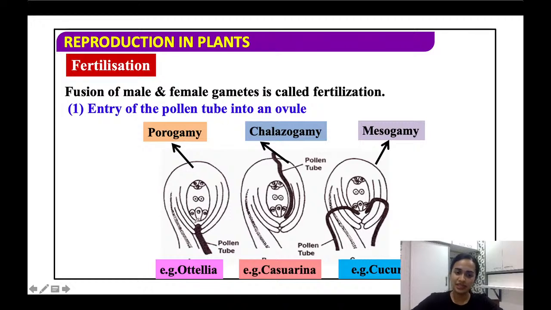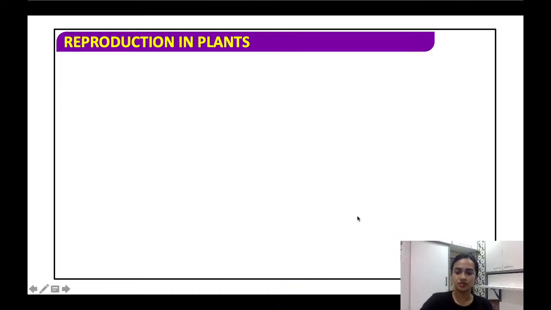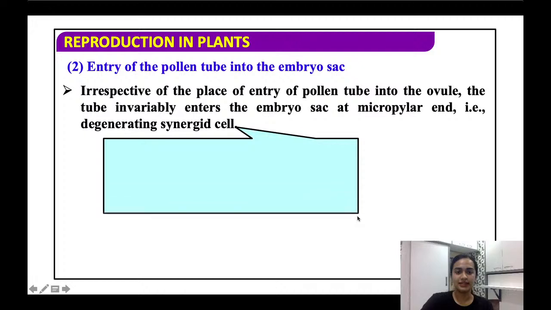In porogamy, it is entering the micropylar end itself from the start. In chalazogamy, it starts from the chalazal side, but eventually it will come towards the micropylar end only. And here also it will pass through the integuments, but finally it will enter through the micropylar end itself.